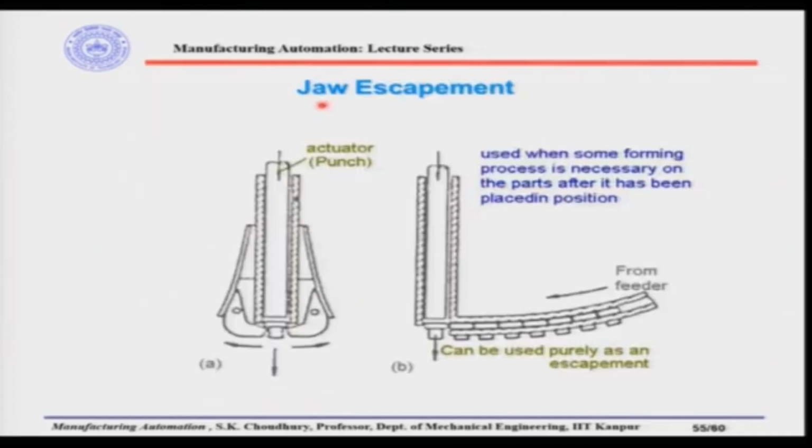This is one example of the jaw escapement, and the jaw escapement works in the following way. We have the actuator, which is a punch also, and here there are poles.